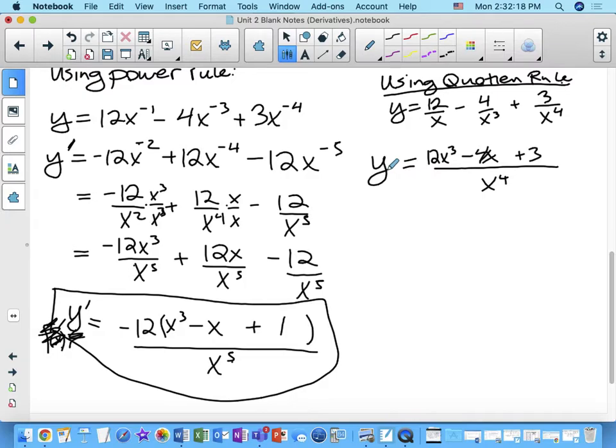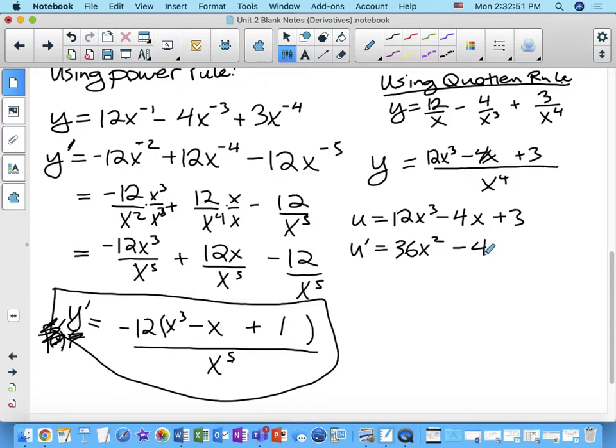Okay, so now we have the function written as the quotient of two other functions. My u is the numerator, 12x cubed minus 4x plus 3, which means u prime is 3 times 12 is 36x squared minus 4.